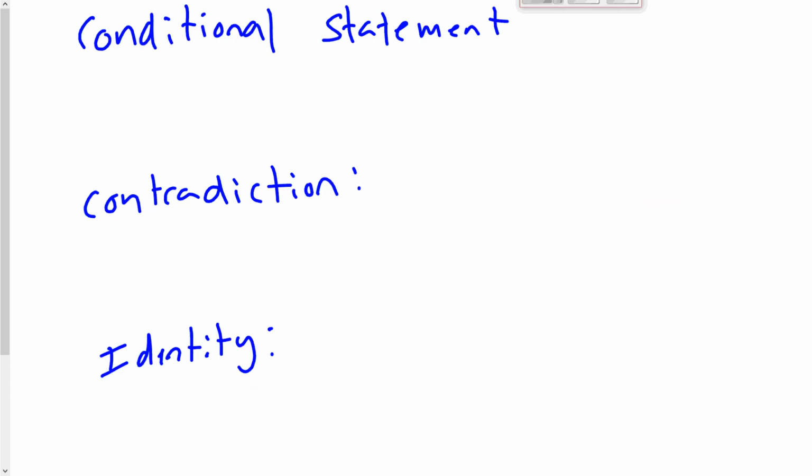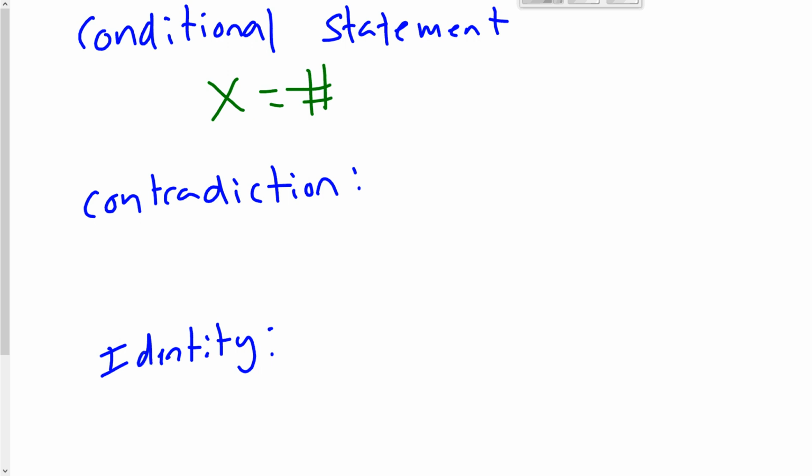Okay, now we're getting some vocabulary. This will be on your quizzes and on your test to identify what kind of statement it is, whether it's conditional, a contradiction, or an identity statement. And a conditional statement just means that x is conditional. It has to meet a very specific condition. So if it's a conditional statement, x has to equal some number.